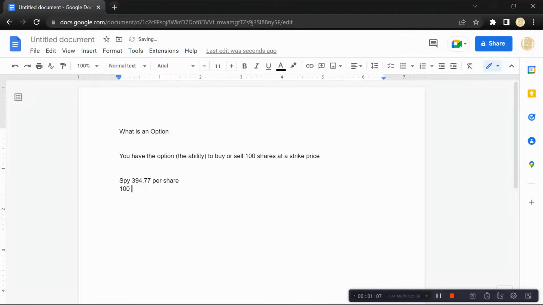So 100 shares, that equals $39,477 is my investment. I invested $39,000 into the S&P 500. That is an insane amount of money. That's a lot of money that I'm risking.